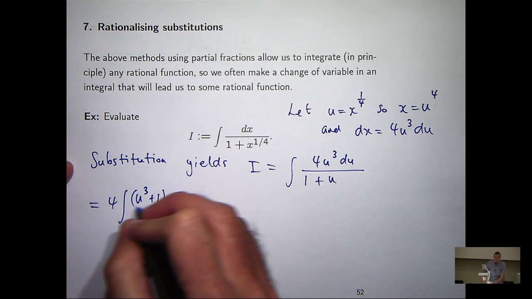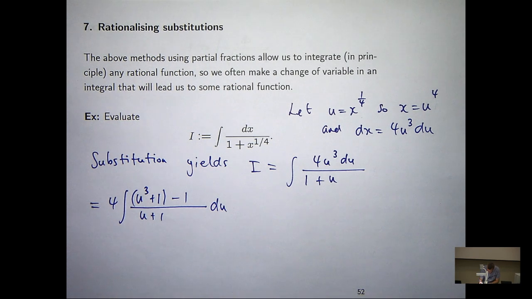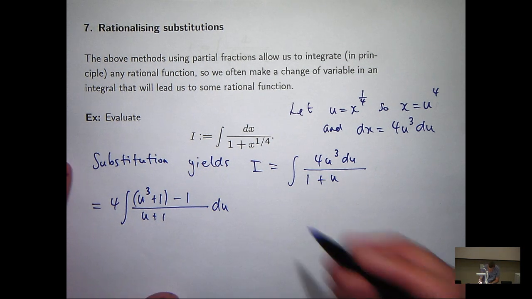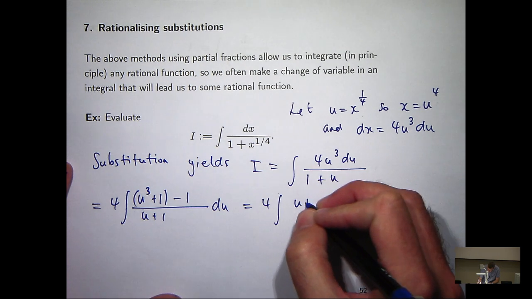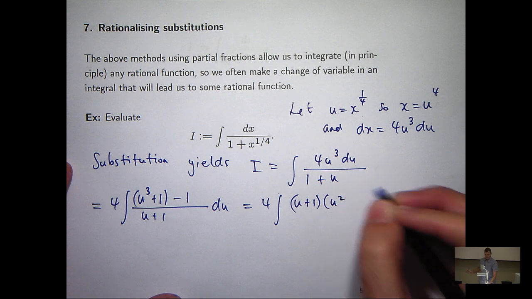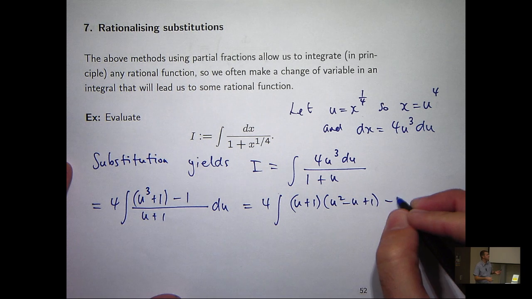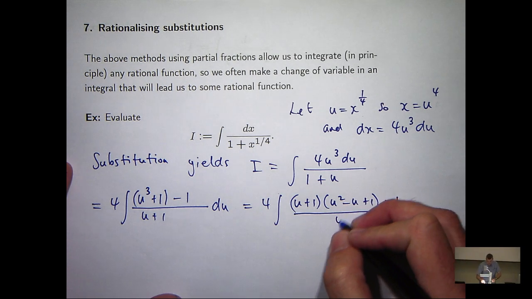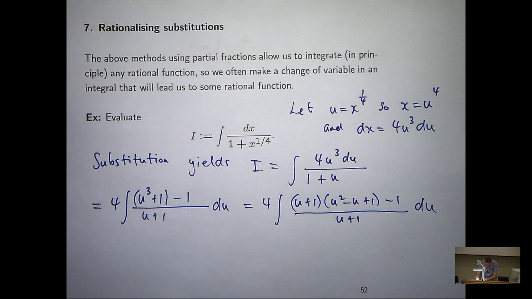I'm going to add 1 and take 1 away. So there I've got u cubed plus 1. I can factorise that and get the following. Okay, so now I can split that up and cancel.